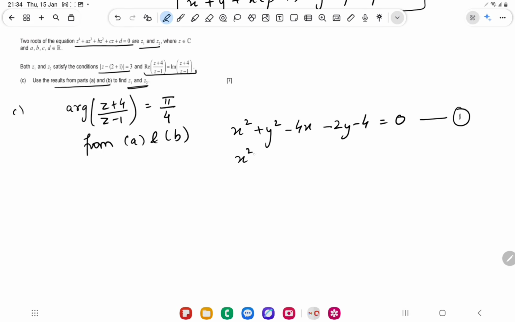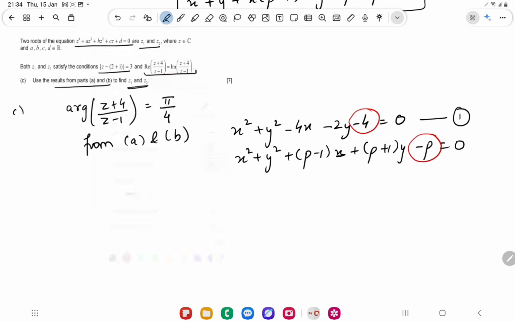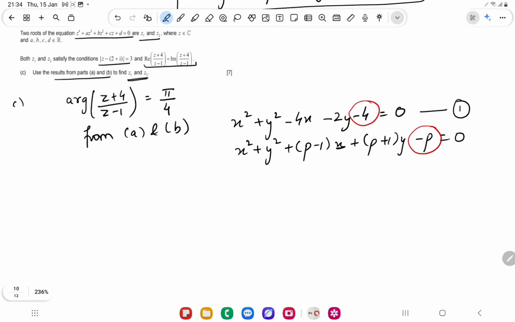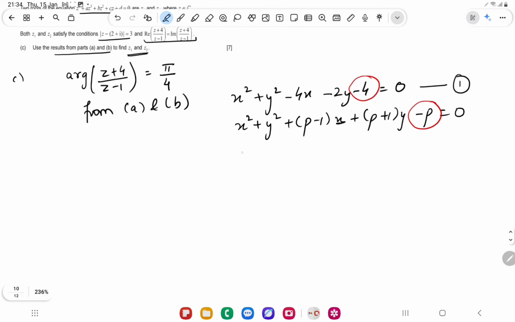And the second one was x square plus y square plus (p minus 1)x plus (p plus 1)y minus p equals 0. Now from here you can see that these two are the same if we compare both the results from A and B. So on comparing, p becomes 4.